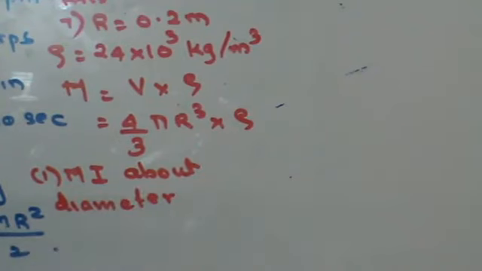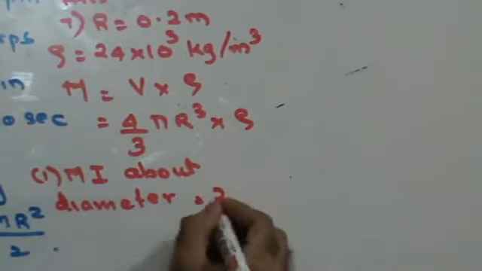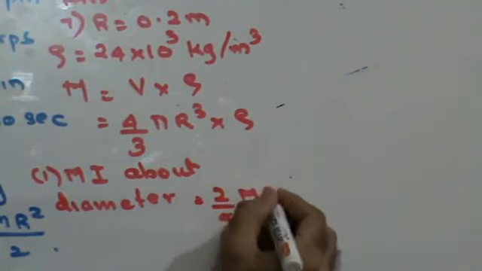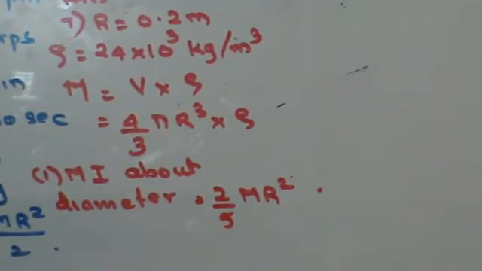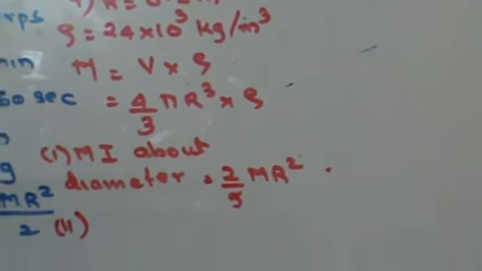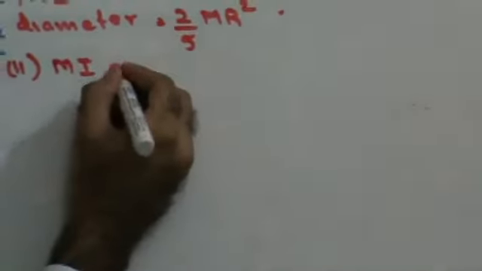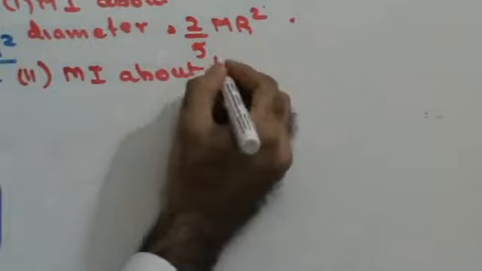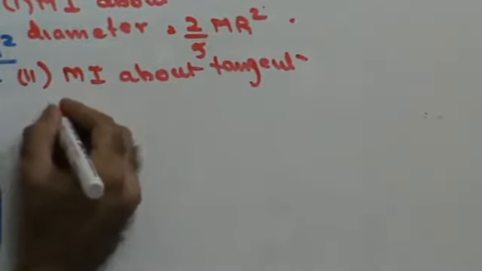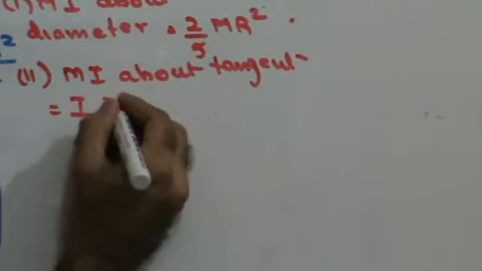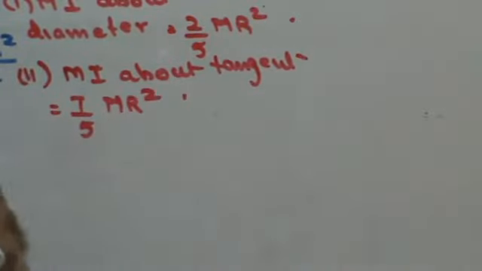Moment of inertia about diameter is nothing but 2 upon 5 mr square, right? Then similarly I can also find out moment of inertia about tangent. Moment of inertia about tangent is given by the formula 7 upon 5 mr square. You should be able to get this answer.